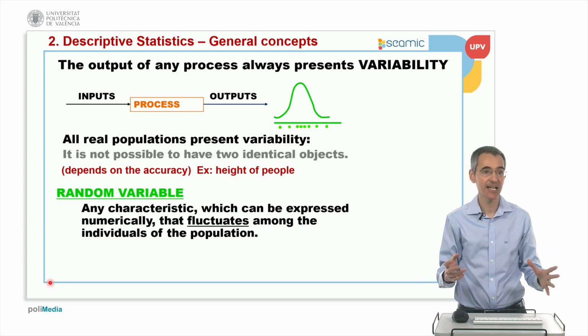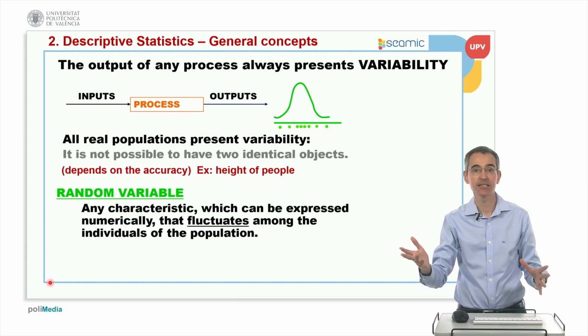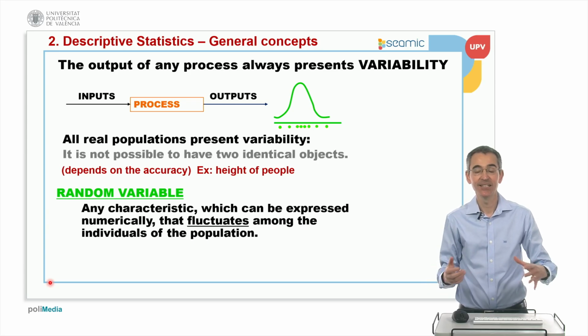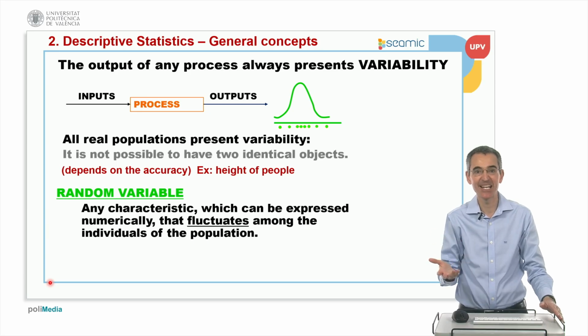So imagine a class of students, and I ask the age of the students, and all my students say that they are 18 years old. Okay, so the information from this variable is obvious. All values are 18, so I don't have to apply any kind of method to extract the information because the information is trivial. Okay, all values are 18.